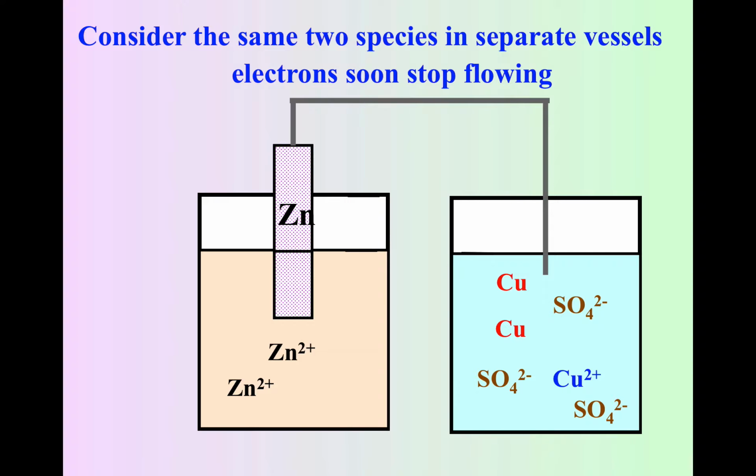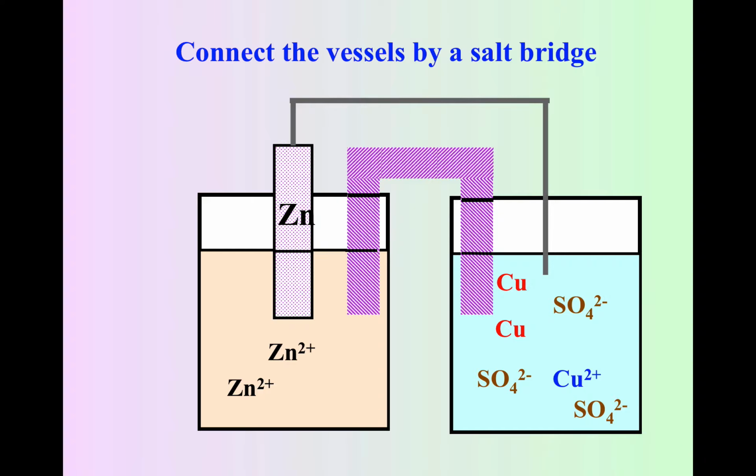Now, eventually, you build up a charge. You end up with plus charge building up on the zinc side and a negative charge building up on the copper sulfate side, and the electrons stop flowing. So to keep them flowing, we need some sort of conducting instrument that's going to allow the charge to keep flowing. So this is what a salt bridge is.